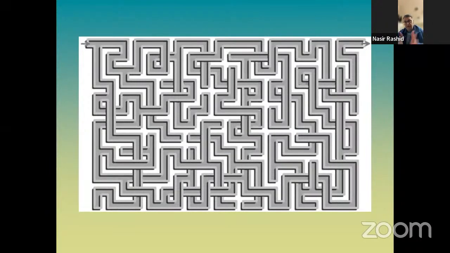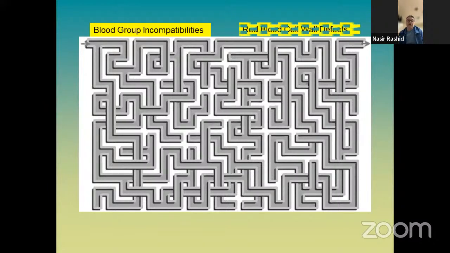Now, this is a picture of a maze. The reason I put it there is, if you're sitting in a clinic and a baby comes in who appears jaundiced, oh my God, there are so many things you have to think about. It can be blood group incompatibilities. It can be a red blood cell wall defect. It can be breast milk jaundice. It can be breastfeeding jaundice.